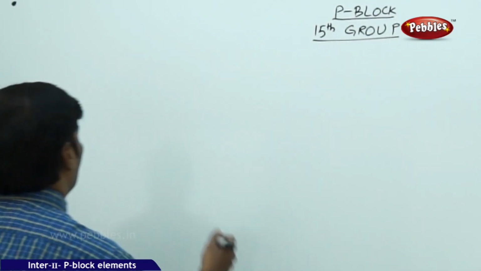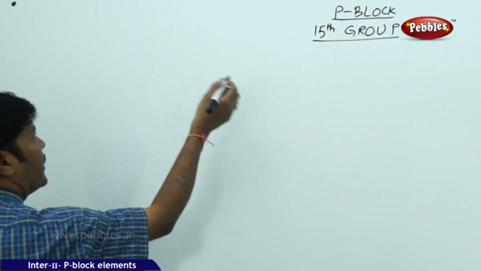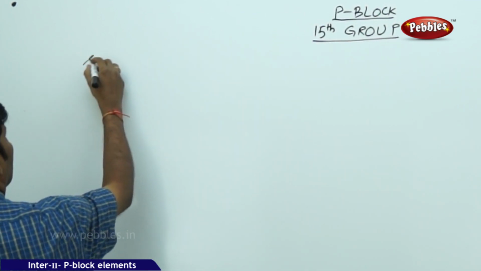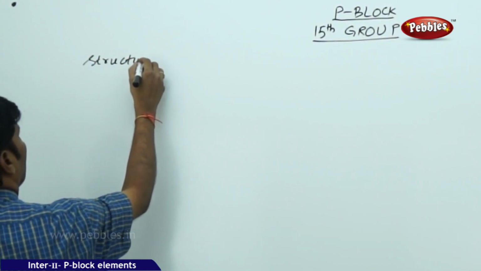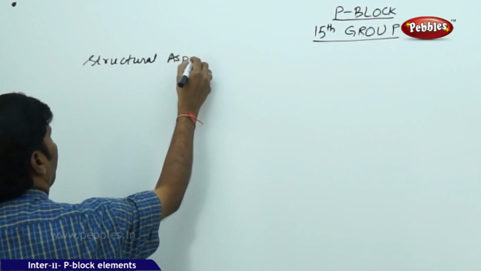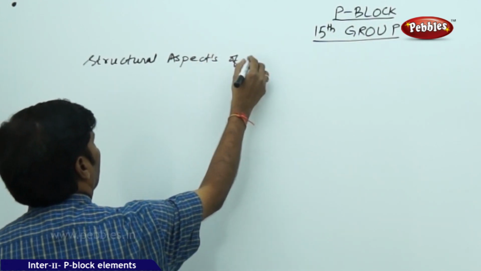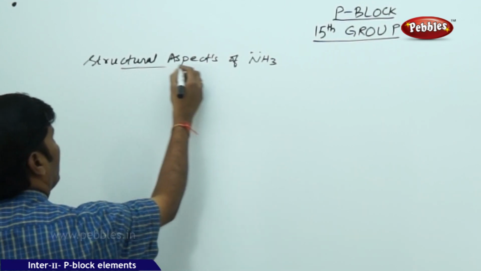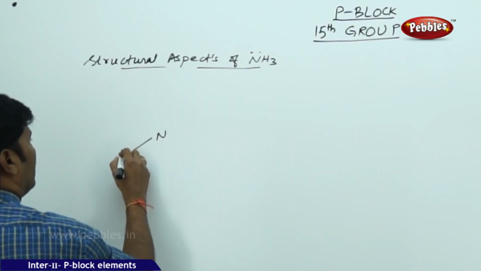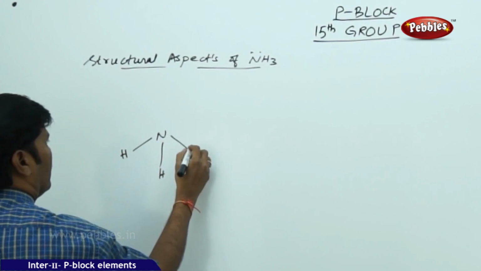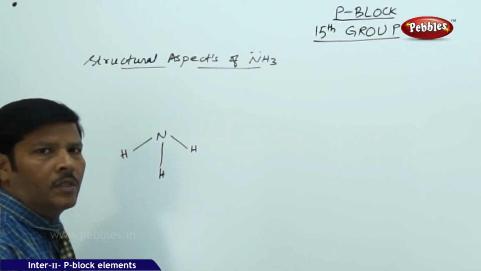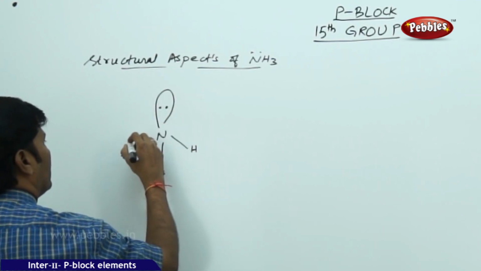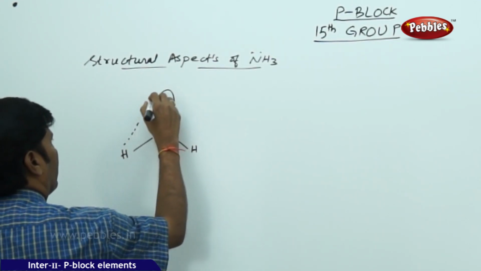Here, if you go to some additional properties of ammonia, that is, the structural aspects of ammonia, we have 3 nitrogen-hydrogen bonds and 1 lone pair, and it is pyramidal in shape.